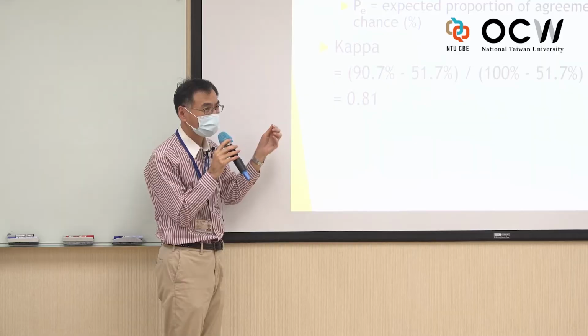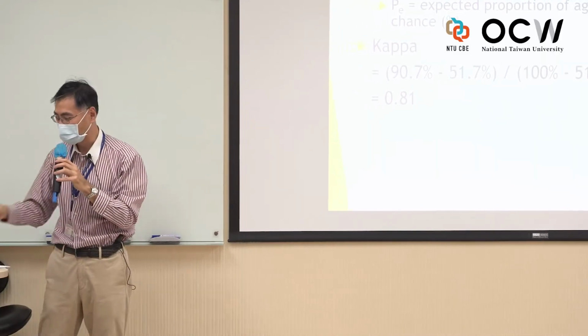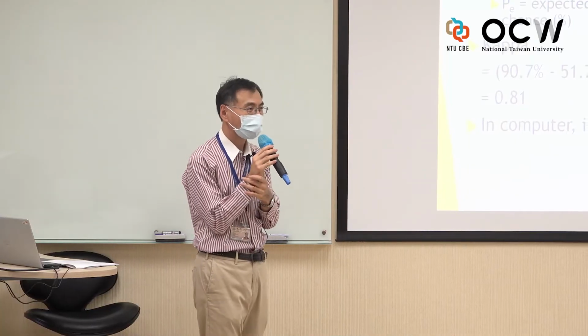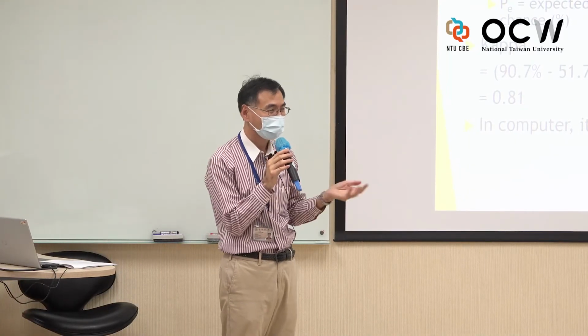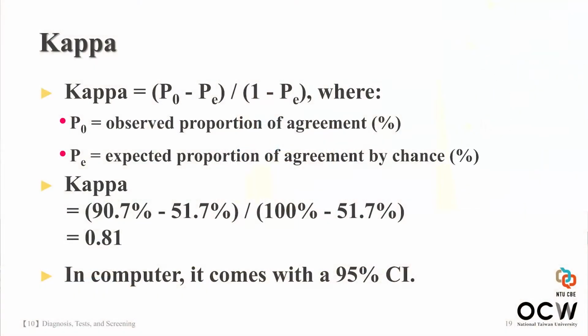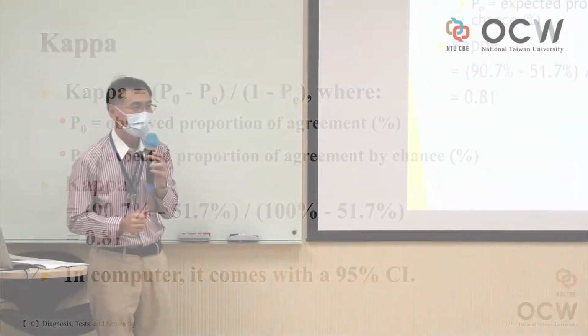If you do it on a computer, it will also give you a 95% confidence interval by the method of unbiased estimation, plus or minus 1.96 standard deviations, remember? We take the probability of agreement by chance away from the numerator and denominator, and we got 0.81.